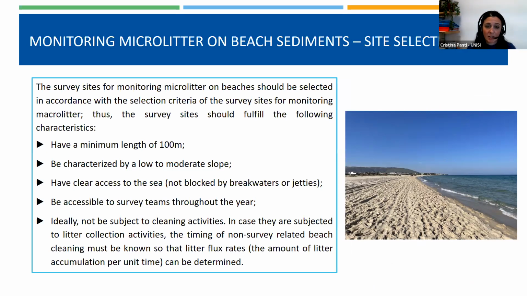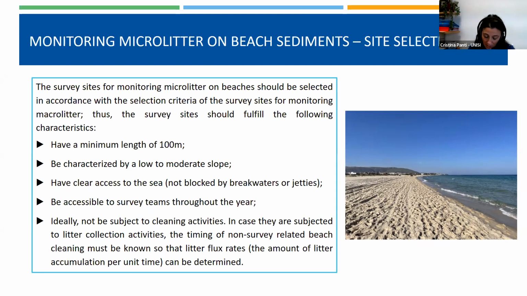Regarding the site selection, Tommy already extensively explained the criteria that we should address when we are doing beach sediment monitoring for microlitter, so they are almost the same as the ones that Tommy already told you regarding the choice of the sites.